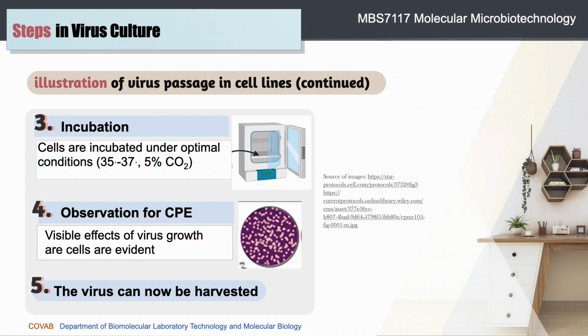Then part 4, we're going to observe for the cytopathic effect, or the visible effects of virus growth which are evident in the cells. And once we see this, we can now proceed in part 5 to harvest the virus.